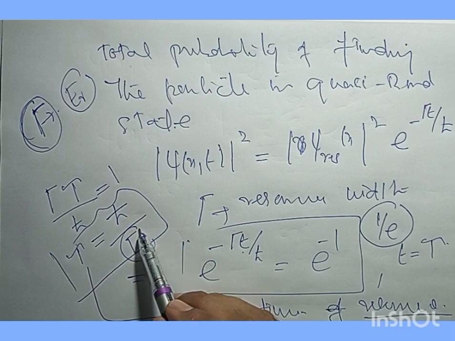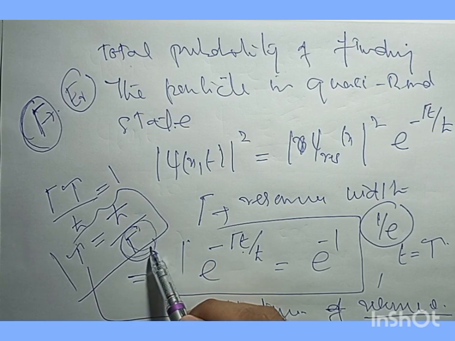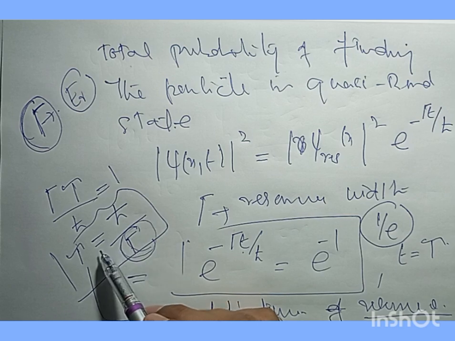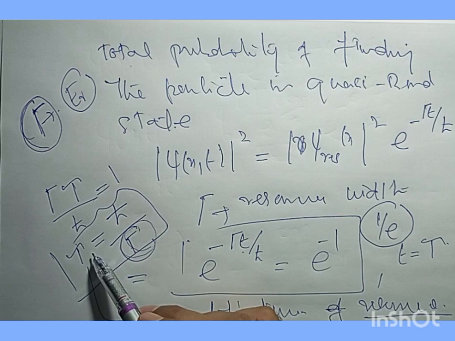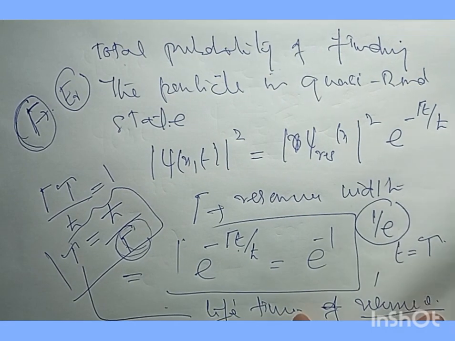While if we have a large resonance width, it corresponds to a short-lived state, and this is my broad resonance. I think this can be purely evaluated.